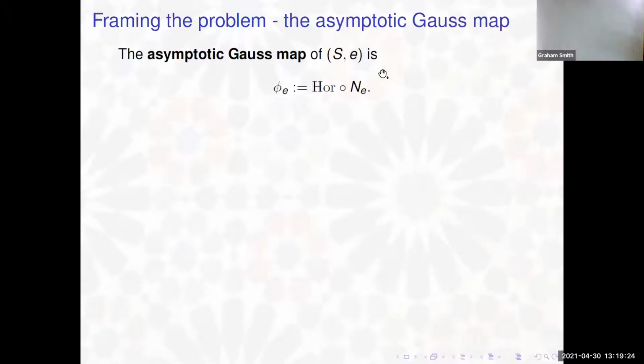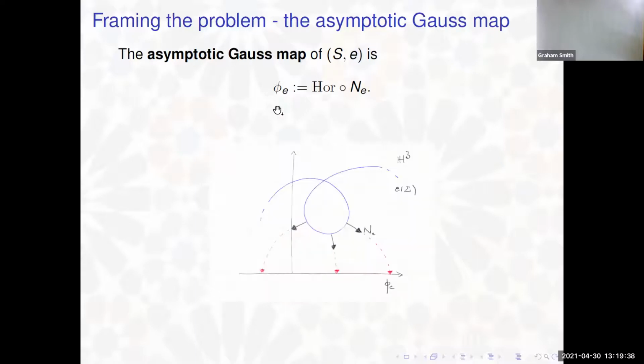Now that I have an immersion, I can define its asymptotic Gauss map as follows. I have my immersion S_E, I have its unit normal vector field, and I compose the unit normal vector field with the horizon map. That gives me a function phi_E, which sends my surface into the ideal boundary. Here, the ideal boundary is schematically a plane, because it's the complex plane, which as we know is an open subset of the Riemann sphere.